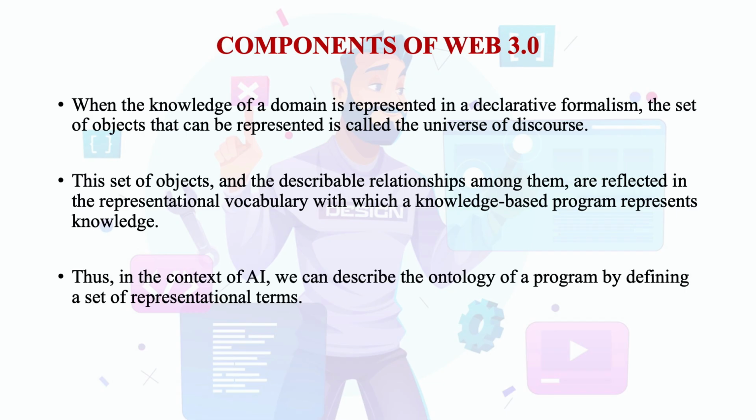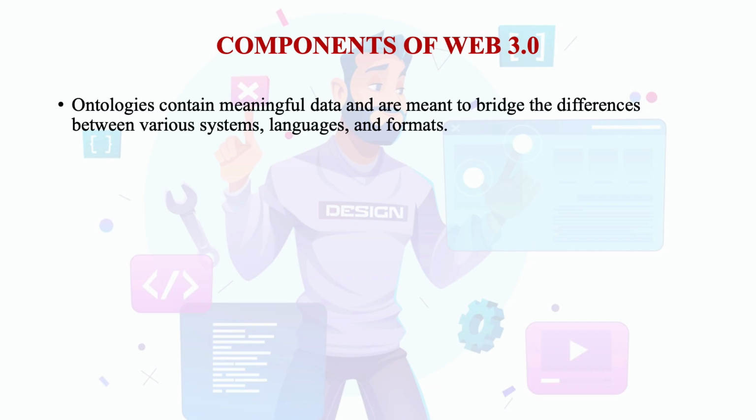Thus, in this context of AI, we can describe the ontology of a program by defining a set of representational terms. Ontologies contain meaningful data and are meant to bridge the differences between various systems, languages, and formats.